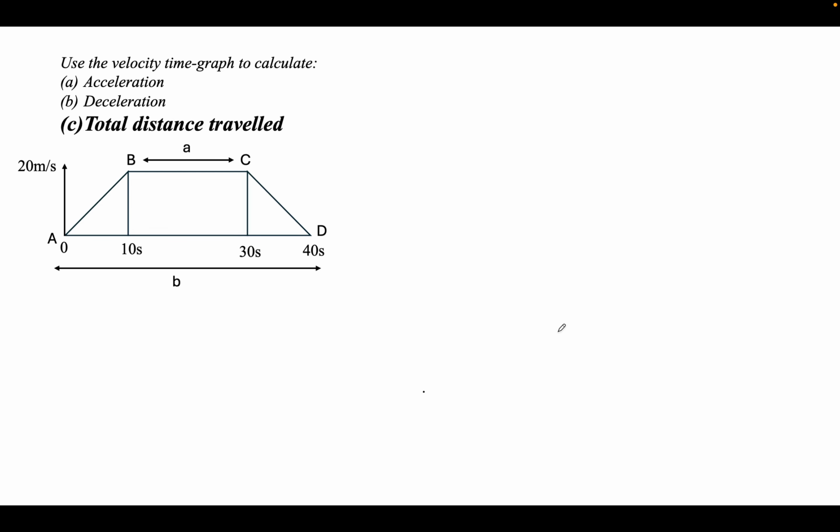So then let us calculate our total distance traveled. So we are going to use this formula to calculate our total distance traveled, which says total distance is equals to a half open bracket A plus B close bracket H. So as we can see from the equation, from point B to point C, that is our A. Therefore, from point B to point C can be obtained by, let's say, subtracting 10 from 30.